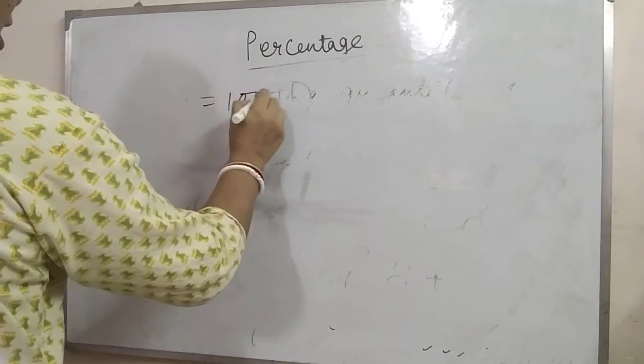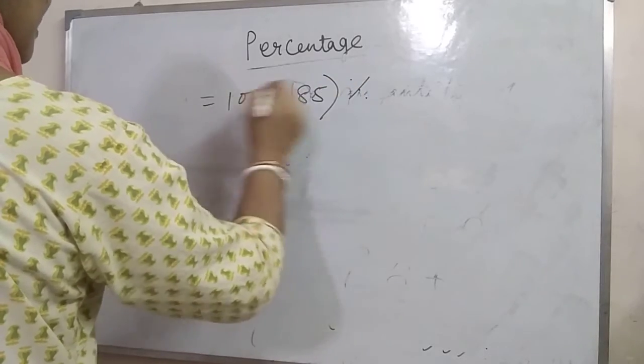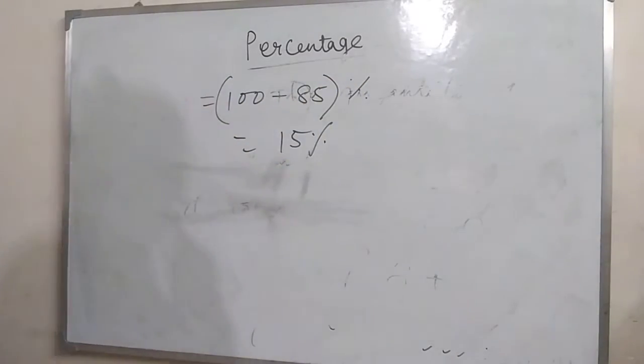So this is equal to 100 minus 85%, that is equal to 15%.